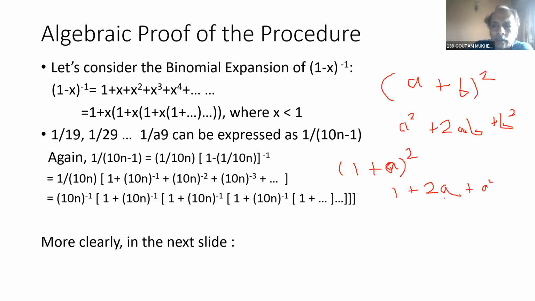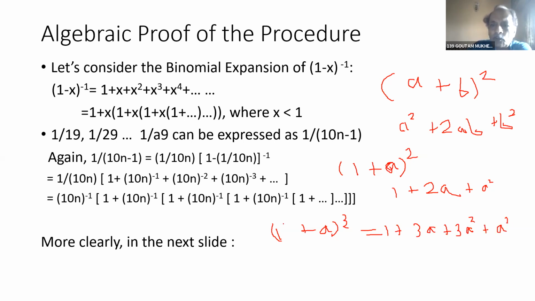So here you see that the power of a will be there and a square will be there. Suppose I do (1 + a) whole cube. It will be 1 plus 3a plus 3a square plus a cube.